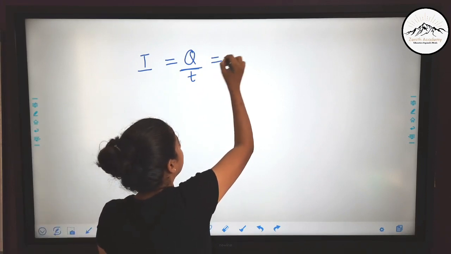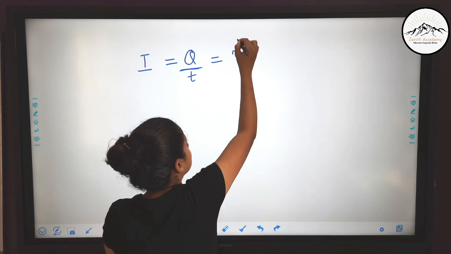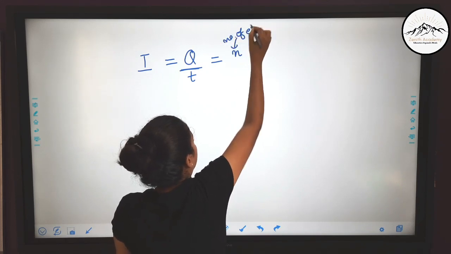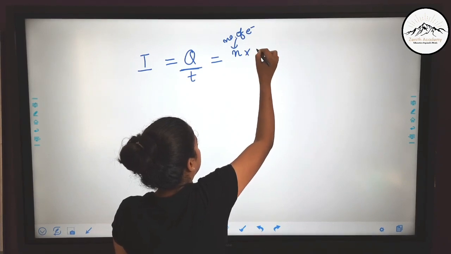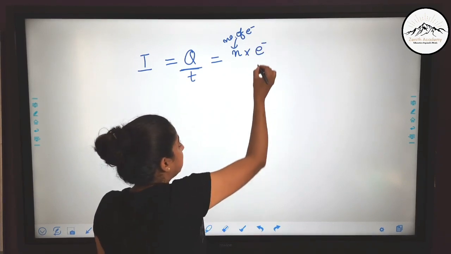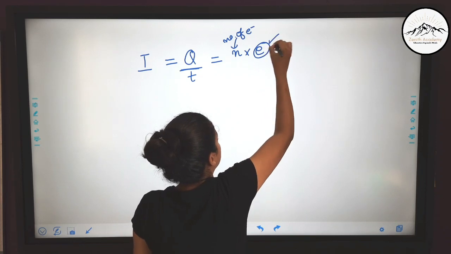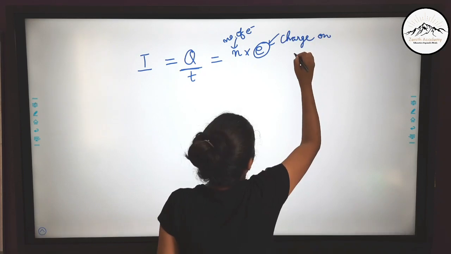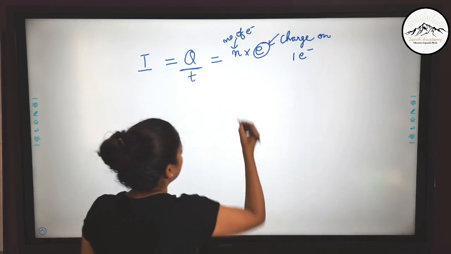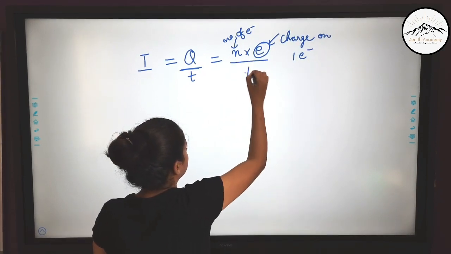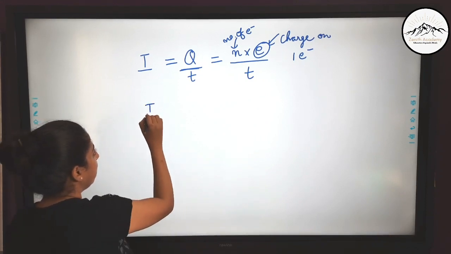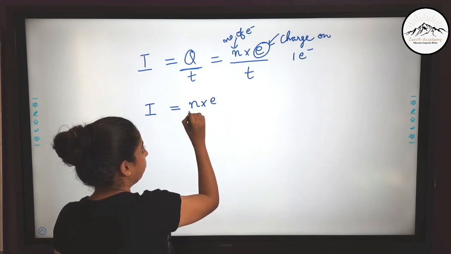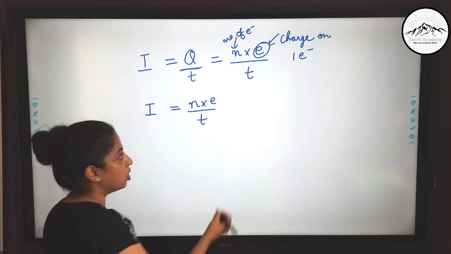So Q can be written as N, the number of electrons, into E, where E is equal to the charge on one electron. So you can rewrite the formula as I equal to N into charge on one electron upon time.